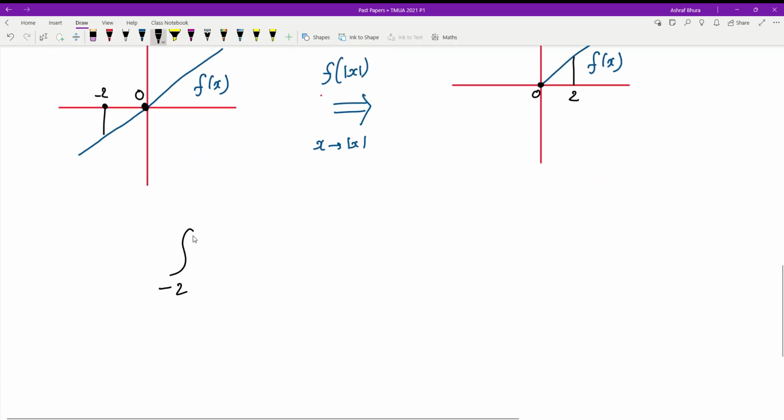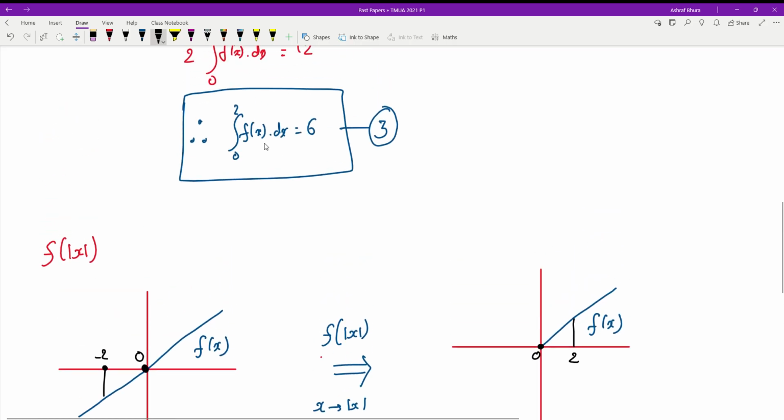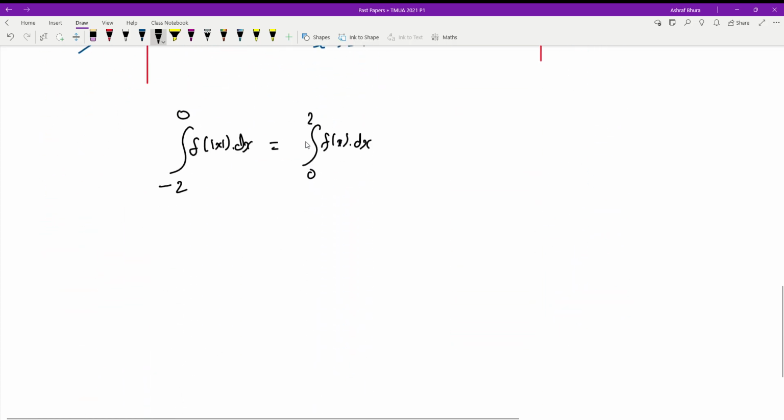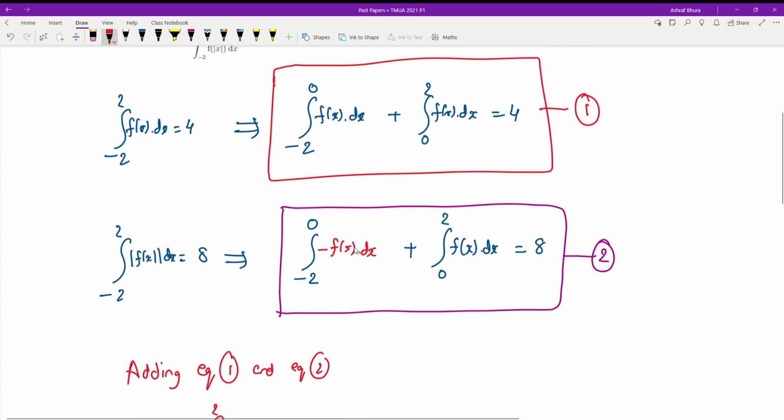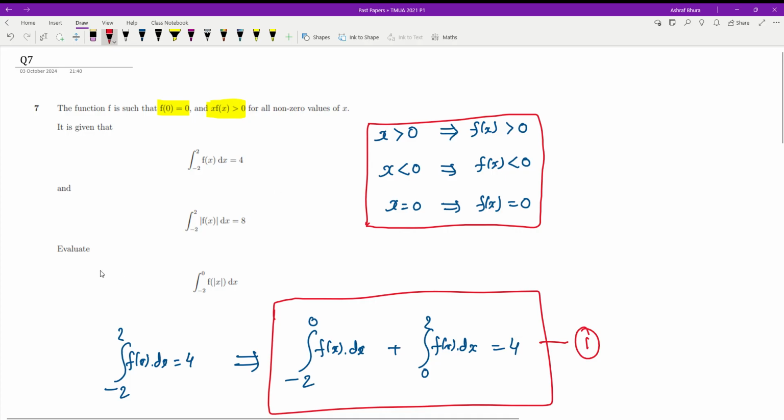Hence negative 2 to 0 integral of f of mod x dx is equal to integral from 0 to 2 f of x dx. We already know the value of integral from 0 to 2 of f of x dx, so this is equal to 6. Hence the answer is going to be 6.